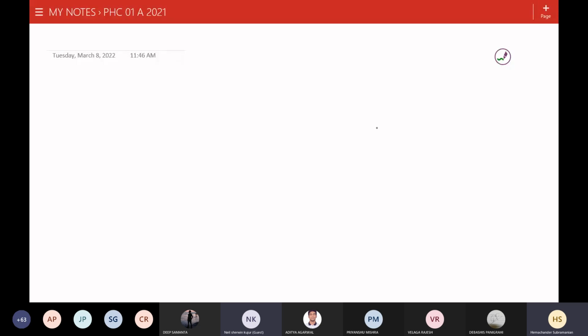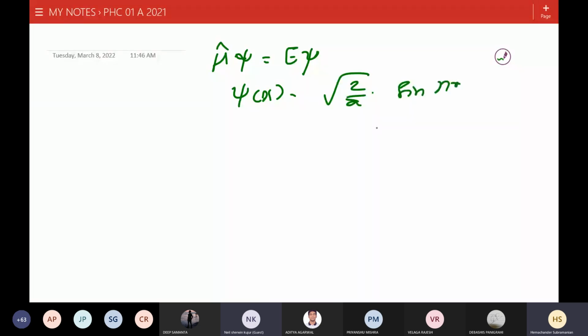What we have done is we have taken this equation and solved for psi, right? Psi of x equals the square root of 2 over a times sine of n pi over a x. That is psi n of x. We have multiple such solutions, for n equals 1, n equals 2, n equals 3, and so on.